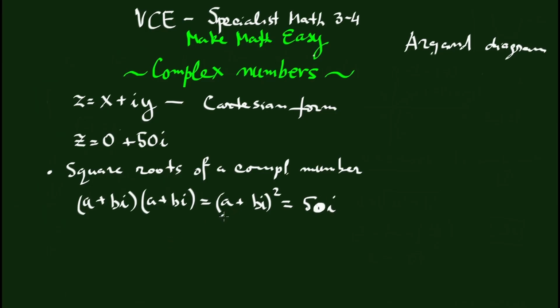How are we going to get the square roots of 50i? There are two square roots. So what are we going to do? We're going to break this down. So a squared plus 2abi plus bi squared, which is i squared times b squared.